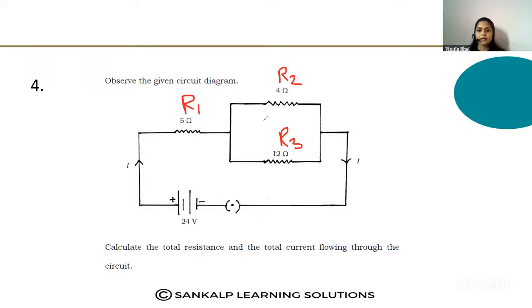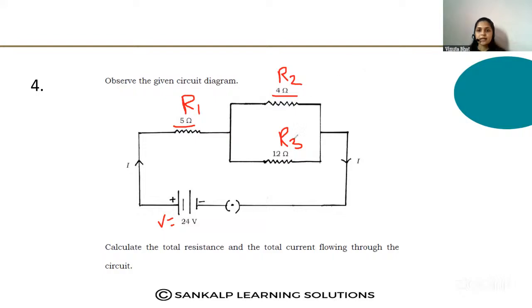These two are connected in parallel, and this is connected in series to this, and V is equal to 24 volt. Please write down: R1 is equal to 5 ohm, R2 is equal to 4 ohm, and R3 is equal to 12 ohm. So let us find out.